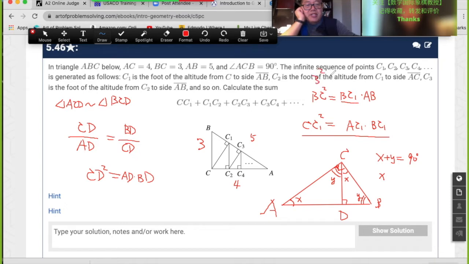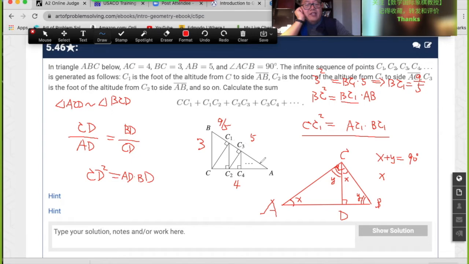So 3 squared equals BC1 times AB. AB equals 5. So BC1 equals 9 over 5.